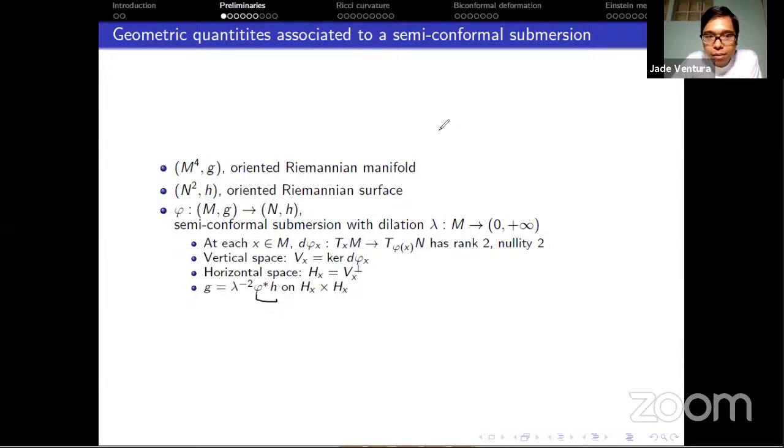So the pullback of that metric lives on M, and G on the left side lives on M. So this equation makes sense. And they're proportional by a constant of lambda to the negative 2, lambda being the dilation. And that equation works for the horizontal spaces only, not for the vertical spaces.